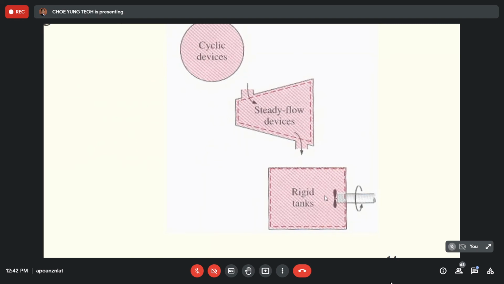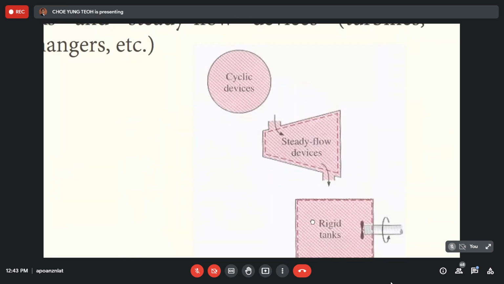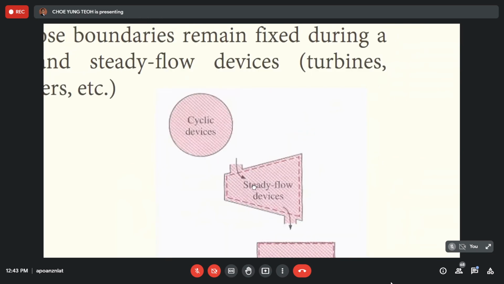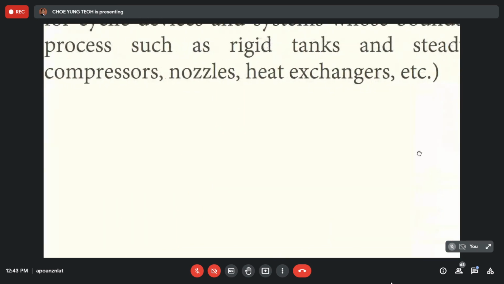But how does atmospheric pressure work against you? You are just rotating, so it won't create any atmospheric pressure. So we can ignore the work done to the surrounding for this kind of system: rigid tank, cyclic device, and steady flow device like turbine, compressor, nozzle, heat exchanger.